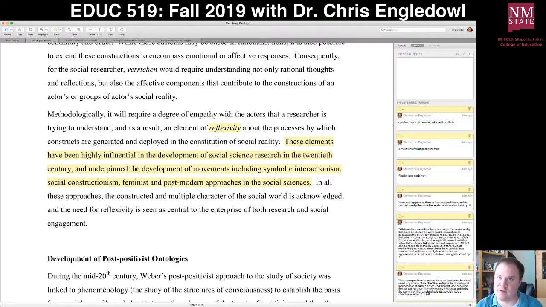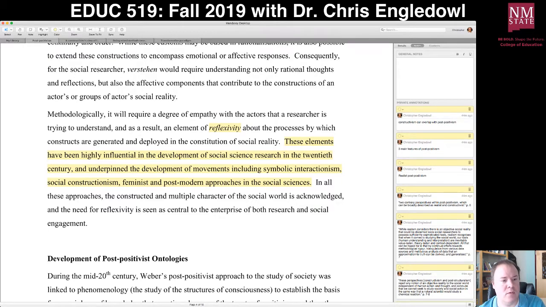The idea is that since we're recognizing that the truth perhaps is not even something that independently exists from our individual realities, then we have to be clear about and reflexive in our writing about how we develop these constructs and what they mean, because the context in which those are developed is so important for other people to understand the potential utility of that in different contexts.